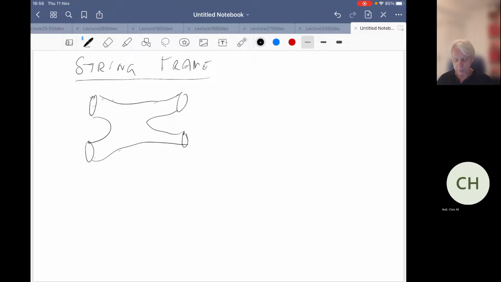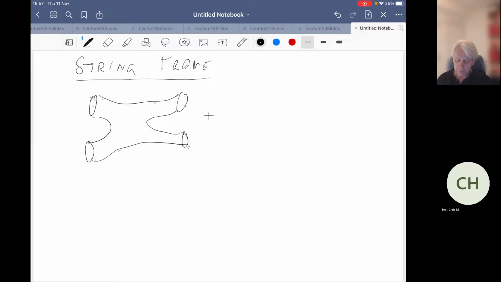So the way I've drawn it, we're thinking about two string states in the far past coming together, merging to form one large closed string, and then breaking up to form two more, so that we're getting a process which has got two states in going to two states out. And the picture is that one would choose the asymptotic states, and then one would sum over all possible surfaces which interpolated between those. And there would be a loop expansion for this.